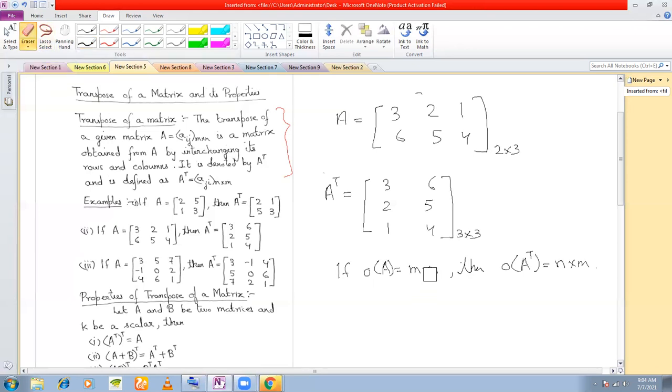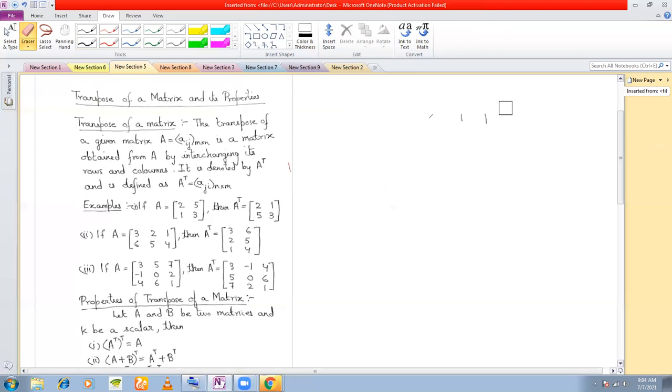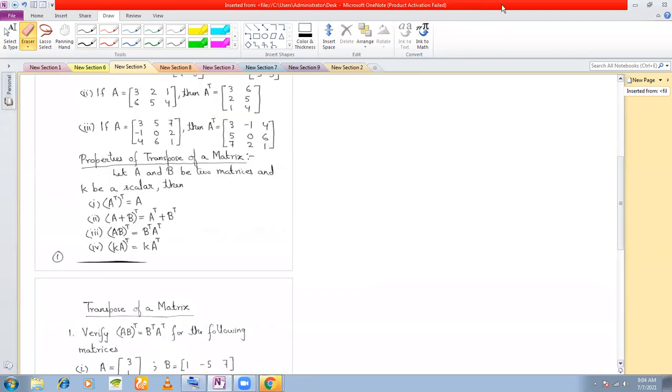Okay, so once we know how to take the transpose of a matrix, we see certain properties of transpose. Okay, the transpose of a transpose will give you back the matrix A. A plus B transpose is the same as A transpose plus B transpose. The transpose of a product AB is equal to B transpose into A transpose.